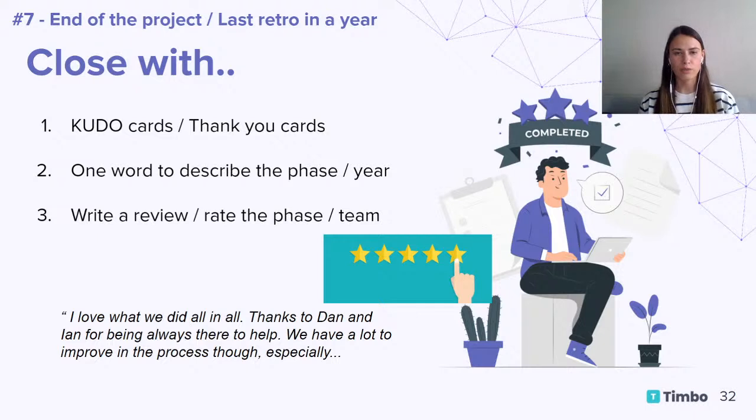And of course they will mention something that they didn't like, but all in all, it will help you finish and wrap up your final meeting with some positive things and at the same time some lessons.